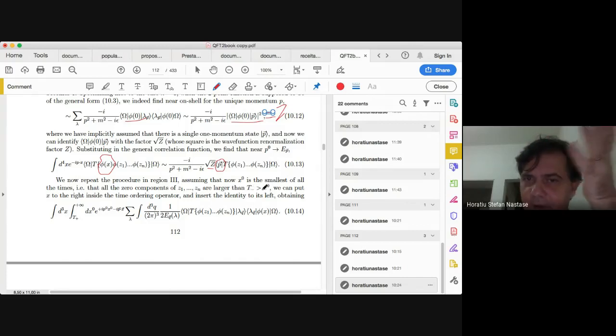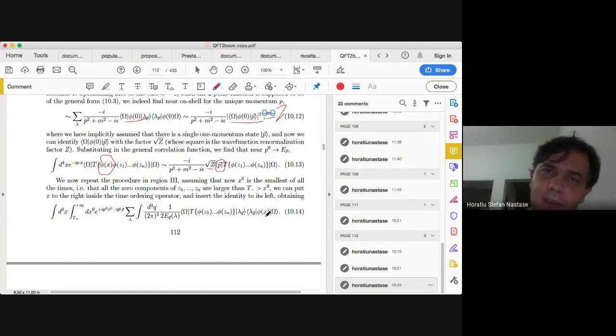And because it's region 3, it's bigger than x0. All right, but now that again means I can put it outside of the time ordering operator, just to the right, because the time I'm ordering is the smallest is to the right. So I put phi of x to the right, and then continue the steps as before.